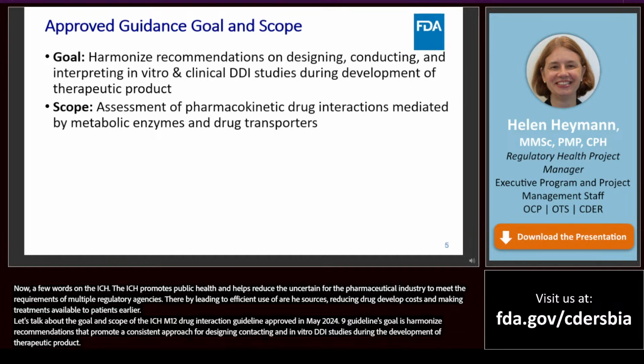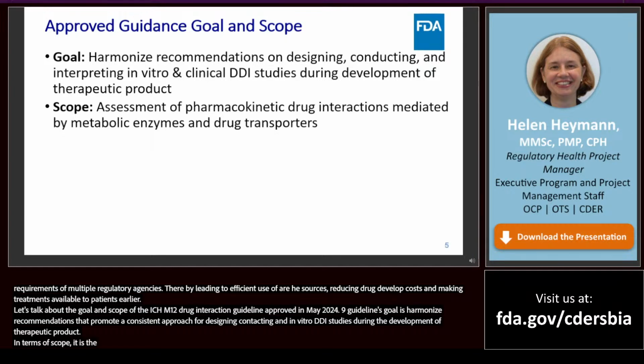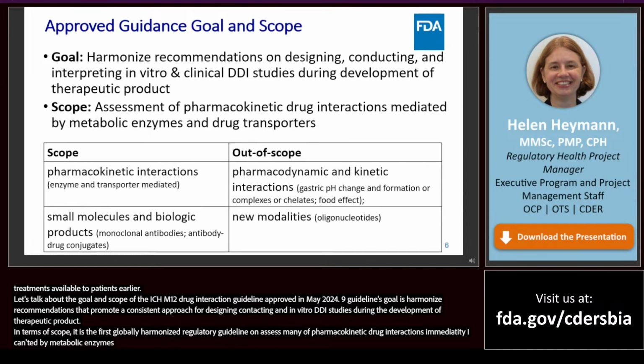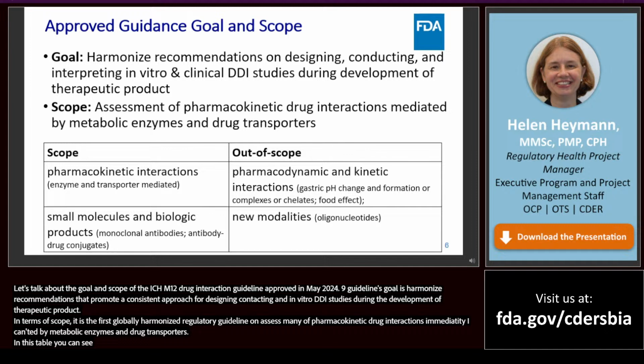In terms of scope, it is the first globally harmonized regulatory guideline on assessments of pharmacokinetic drug interactions mediated by metabolic enzymes and drug transporters. In this table, you can see in and out of scope topics. For example, the guideline covers small molecules and biologics such as monoclonal antibodies. The guideline does not cover new modalities such as oligonucleotides.